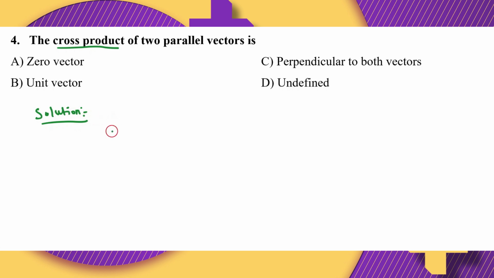So here, how can we write the cross product? A cross B is equal to mod A mod B sin theta.